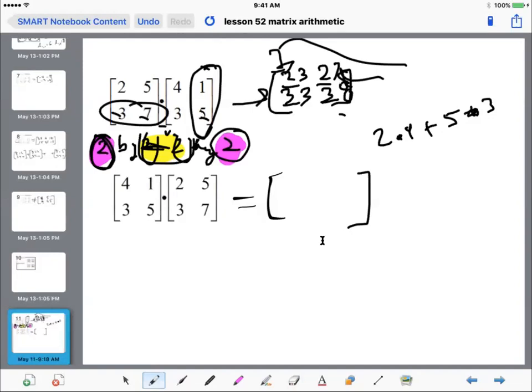And yes, the number of columns of the thing on the left should equal the number of rows of the thing on the right.